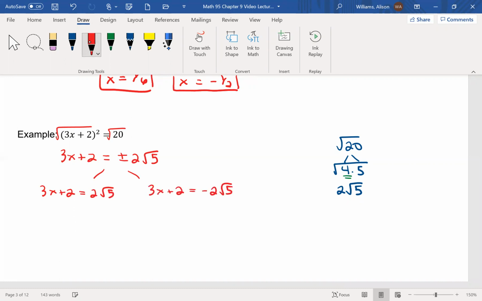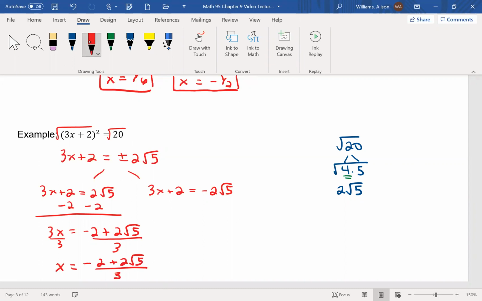And the reason is that radical 5 is going to kind of ruin it. So when I go to subtract 2, I can't. I'll end up getting 3x equals negative 2 plus 2 radical 5. Like I can't add those together. And then dividing by 3, I can't. Like that's going to be the answer: negative 2 plus or minus 2 radical 5 over 3. And over here, it's going to work exactly the same, except it has a negative.